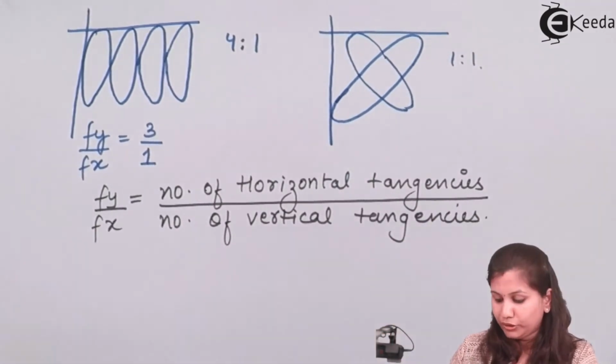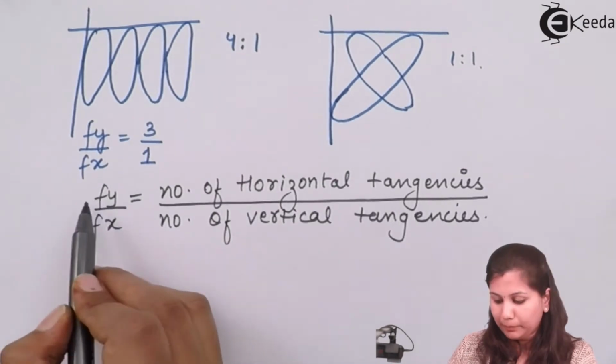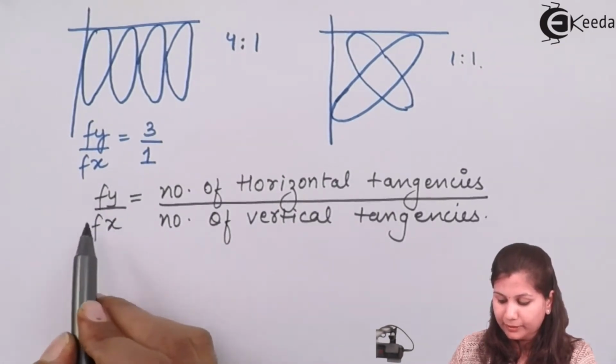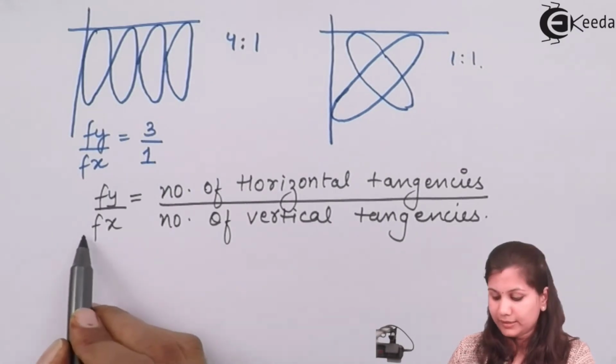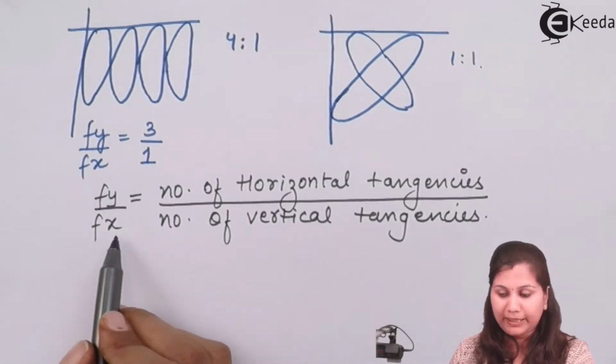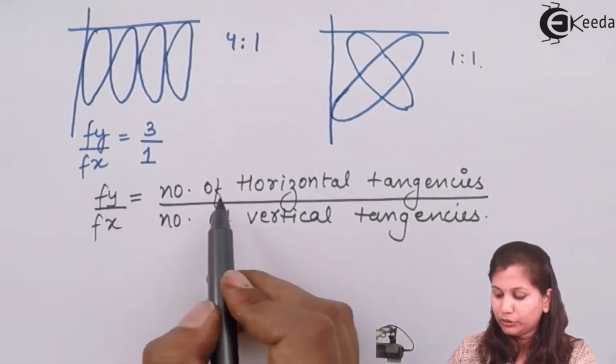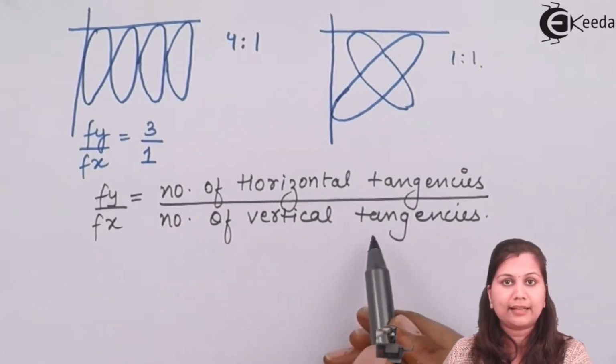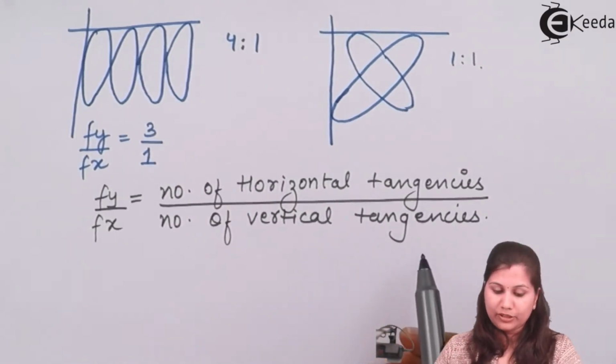So the frequency of the signal applied to the Y plates divided by the frequency of the signal applied on the X plates, their ratio will be equal to the number of horizontal tangencies and the number of vertical tangencies.